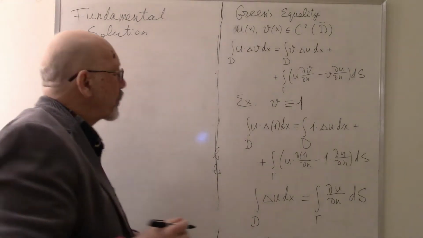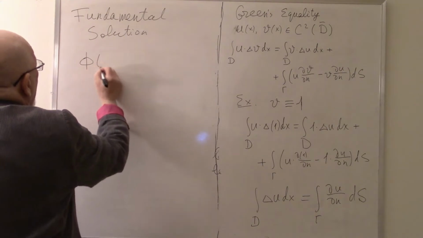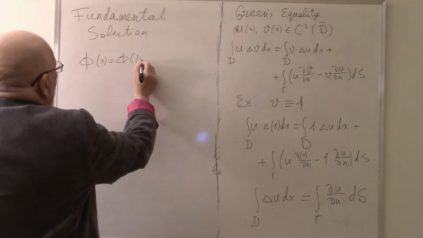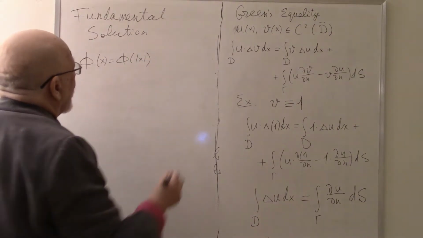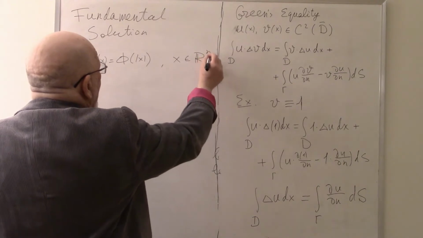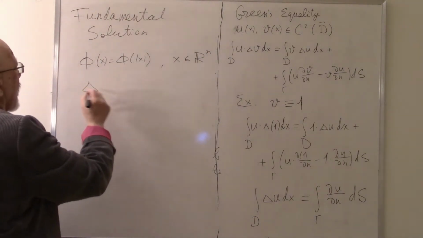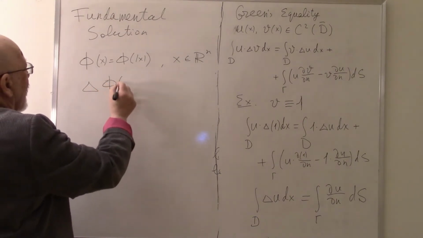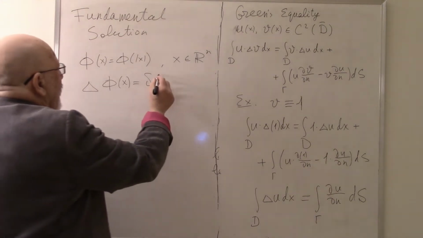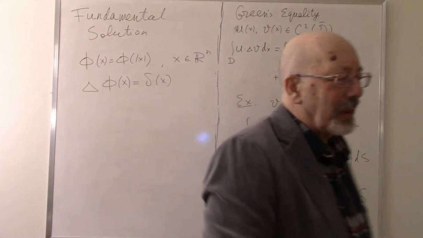It is a function phi of x, in fact phi of the modulus of x, x in the whole space Rn, such that Laplacian of this function equals the delta function of x. I explained what this means.